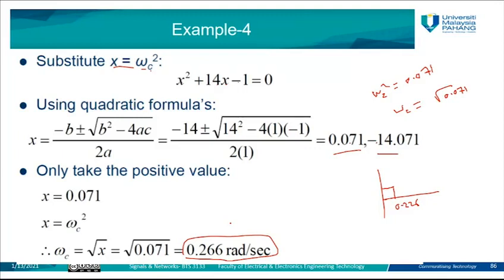One more thing in this chapter is how to draw the Bode plot for the filter circuit, and also how to design your filter. If I tell you to design a filter, that means you need to calculate the values of the elements, the value of R, C, and L, depending on the given information.